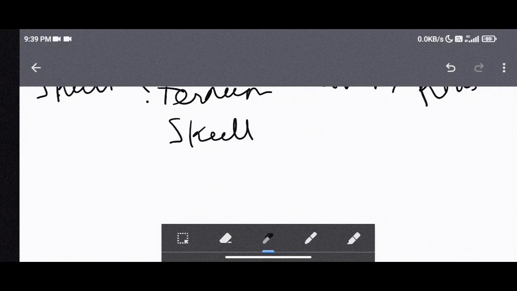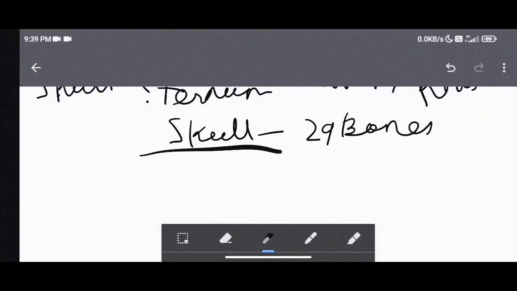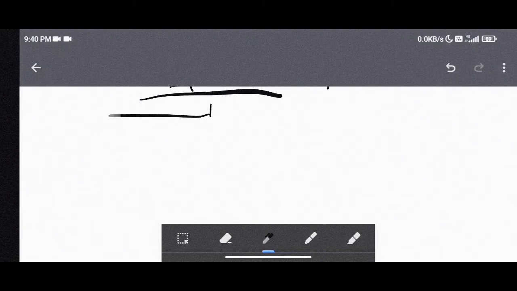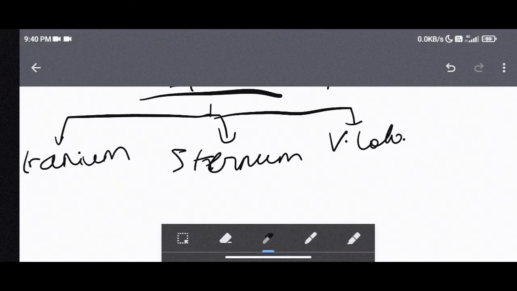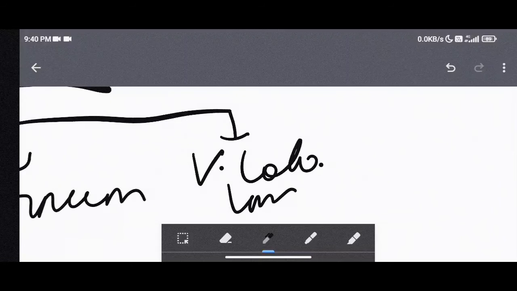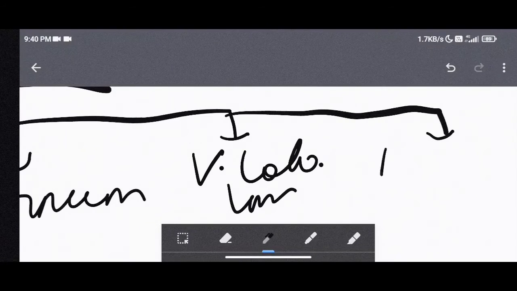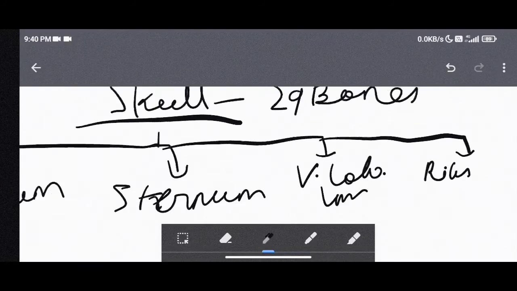The skull has a total of 28 bones, sorry, 29 bones actually. Now the skull is further divided into the cranium, sternum, vertebral column, and ribs.